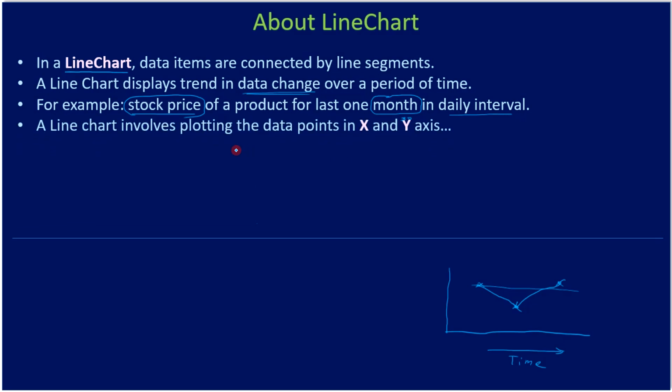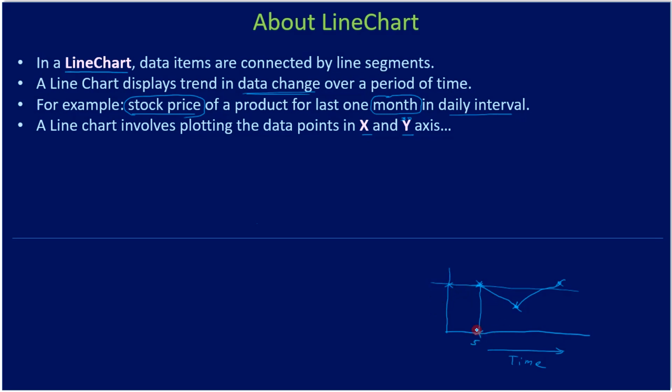A line chart involves plotting the data points on X and Y axis. So one data point denotes both. That means here you can map it to X and say what is the timeline. Let's state day 5, and what is the stock price, it will be on the Y axis, or it can be in the reverse direction also.